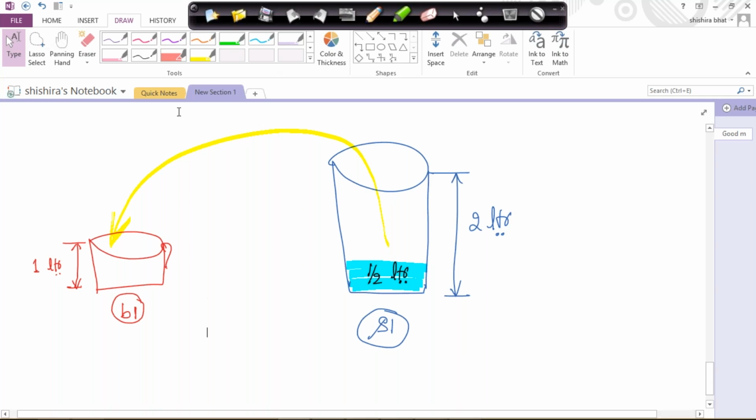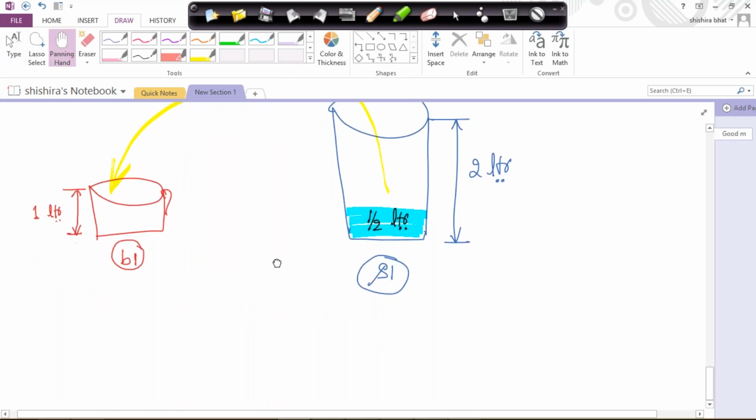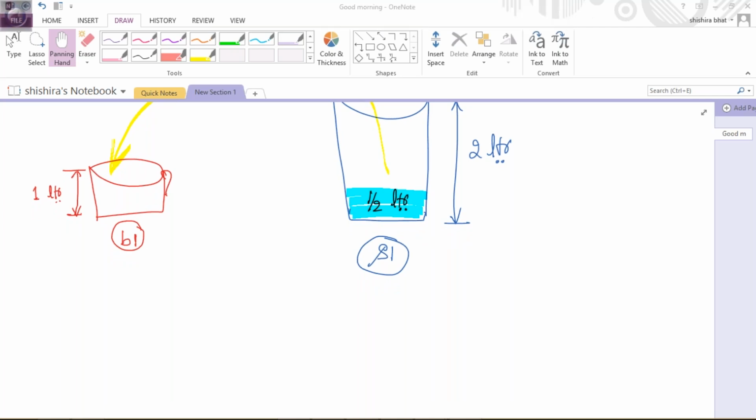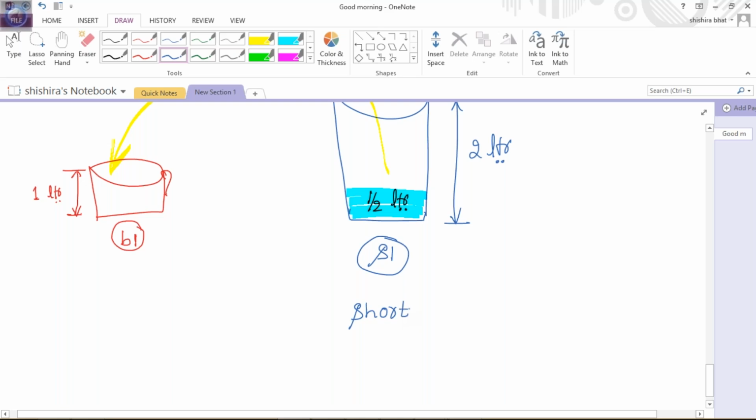So the funda starts now. Observe. Now what do I do? Please observe, everyone. I consider S1 as short. S1 equal to short, capacity is 2 bytes.